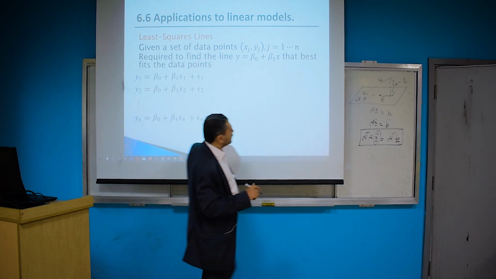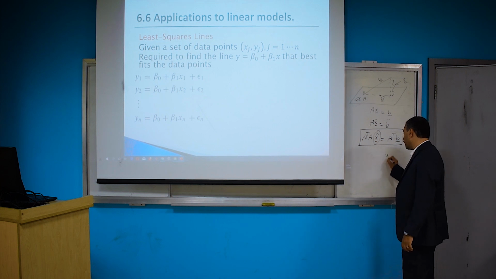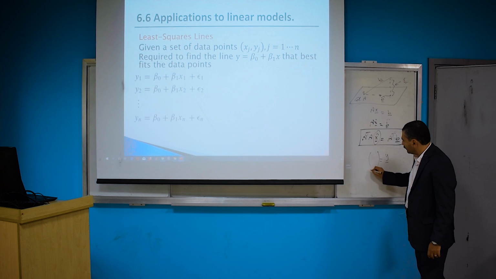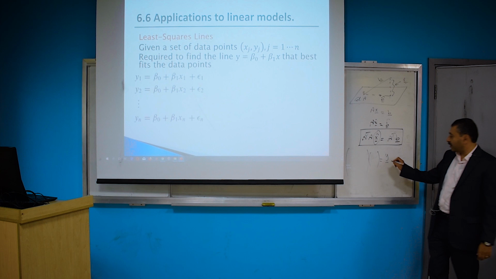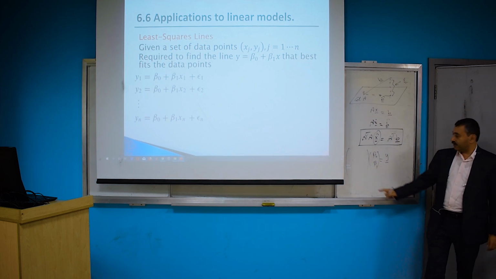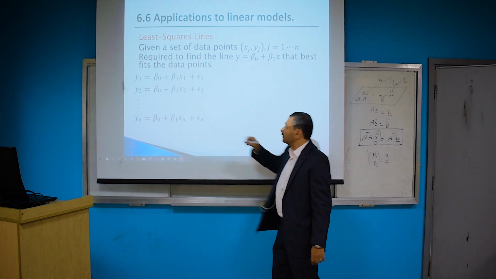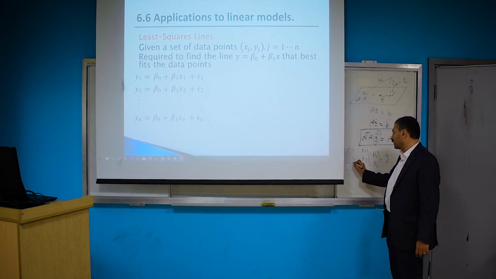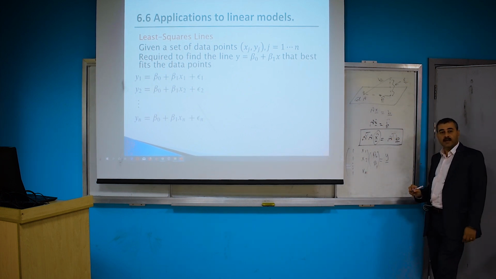So if you write this system in the matrix form, you can write a vector y equal product of a matrix by a vector. You have the vector of unknowns, beta naught and beta 1, and you'll have your matrix here containing 1 and x1, 1 and x2, and so on. So we'll have the first column of 1s, the second column of x.